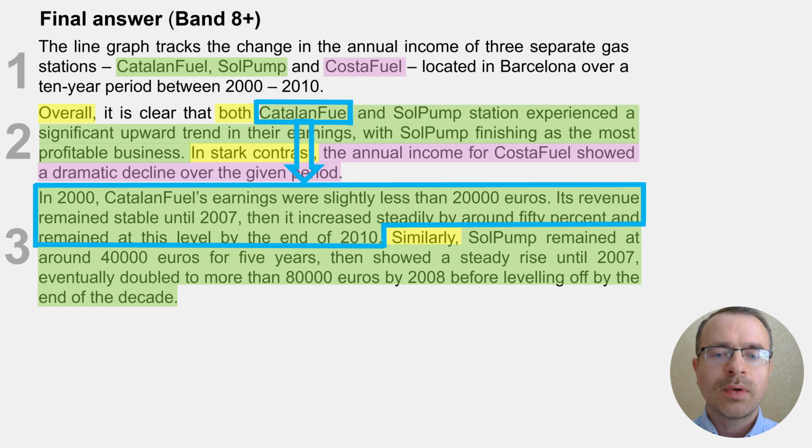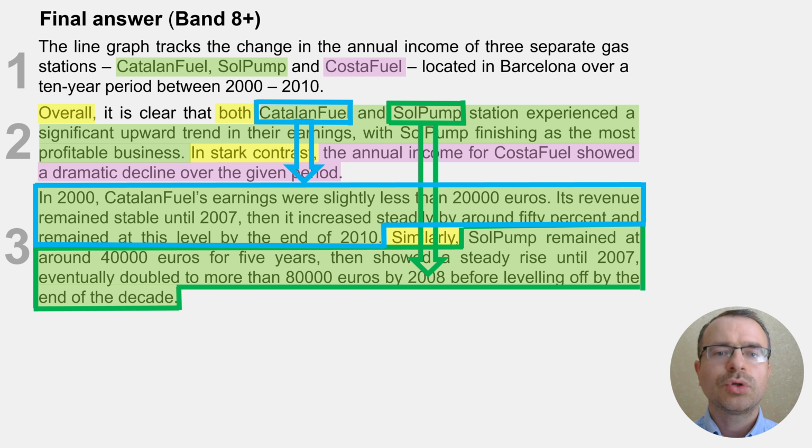It's a very important one because it shows the examiner that you group things together. You found the similar traits, you found the similar things. And we talk about the Salt Pump. The same idea, we just describe the trend, the graph for the Salt Pump Station. And that's it for the third paragraph.